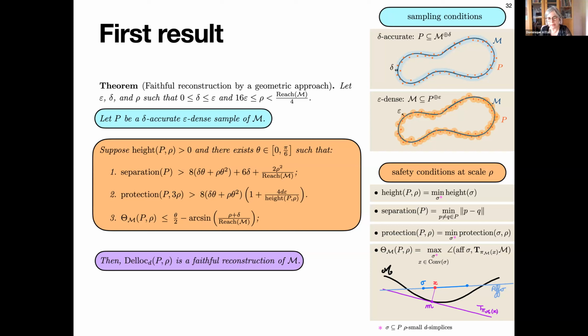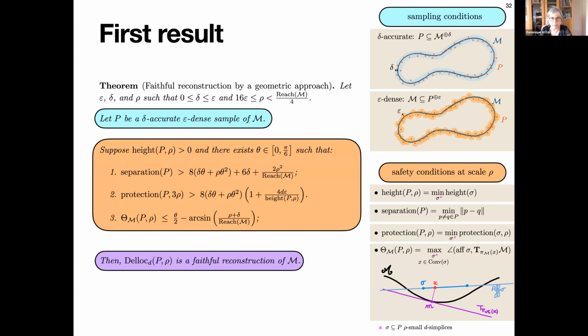What they say is that we want the point set P to be sufficiently separated. That is, the points must not be too close to one another in the point set P. The rho small d simplices of our point set P must have a sufficiently large protection. And the angular deviation of rho small d simplices in P must be small enough.